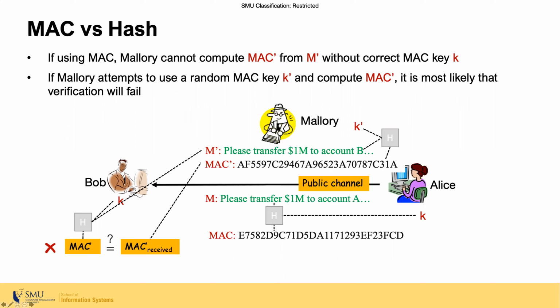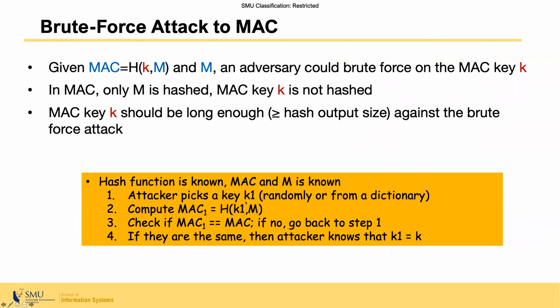And in that case, this Mallory guy may have the knowledge of both M and MAC, and he also knows about the hash function that is being used because it is supposed to be public knowledge. The only thing that is missing is a key. So essentially, he can do the brute forcing to find the key that will produce the match between the computed MAC versus the received MAC.